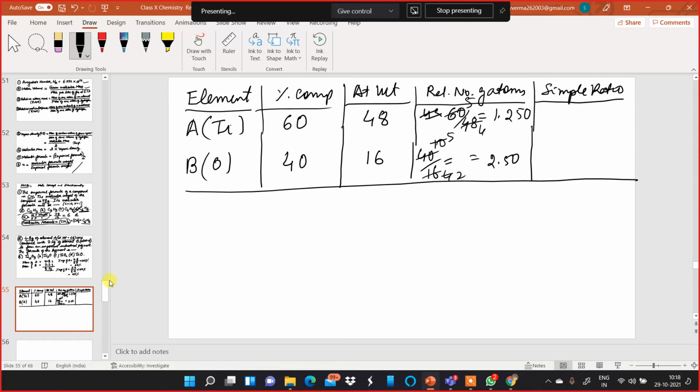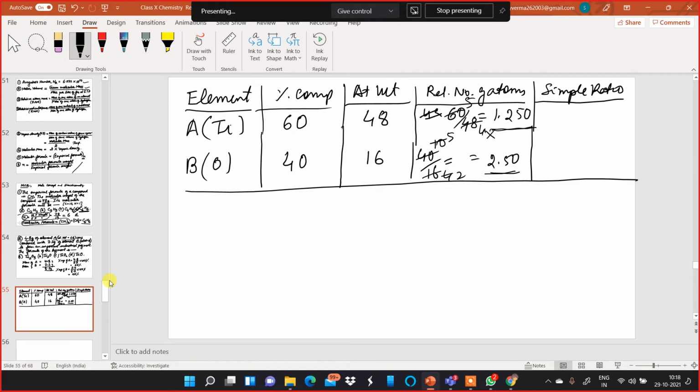Okay, wonderful. Now this 1.25 is not 1.5. Is it? No, sir. So this 1.25, what will I do with this? This 2.5, I can round off. But if I make this 3, that is not correct. How will I make 1.25 a whole number? By multiplying with what number?